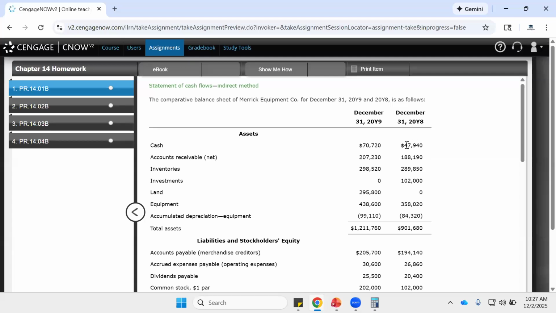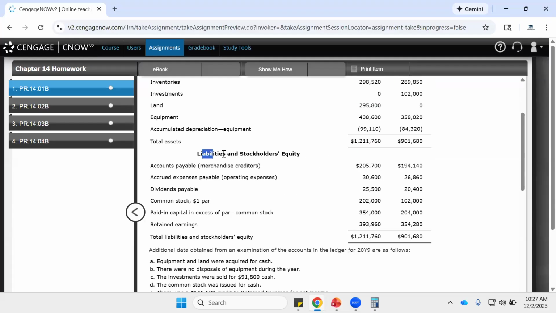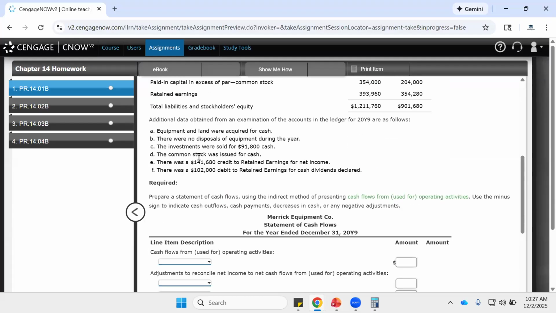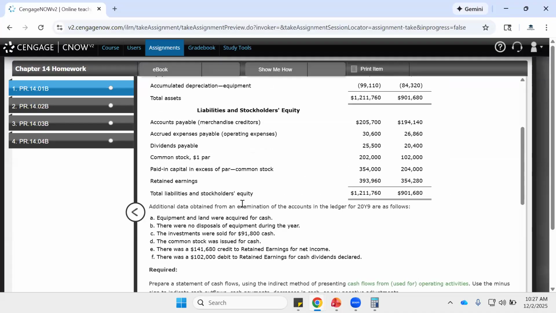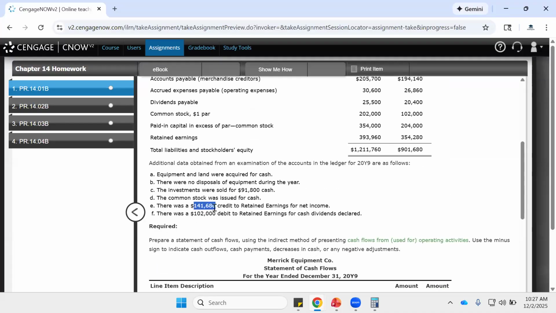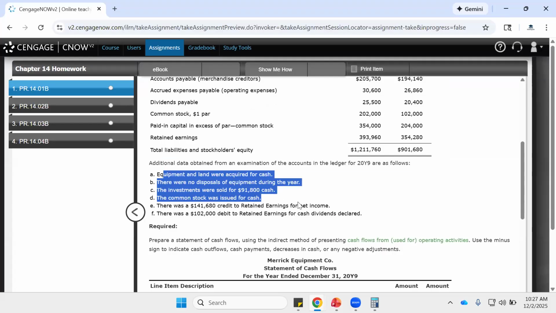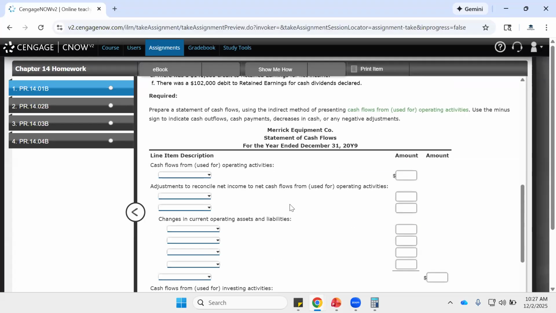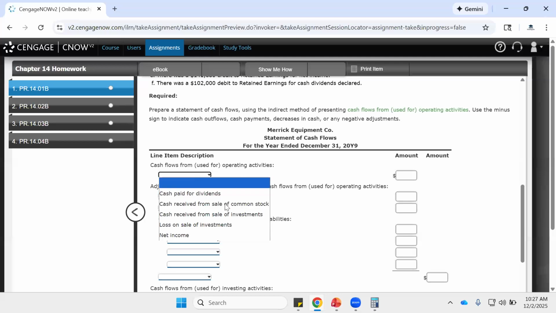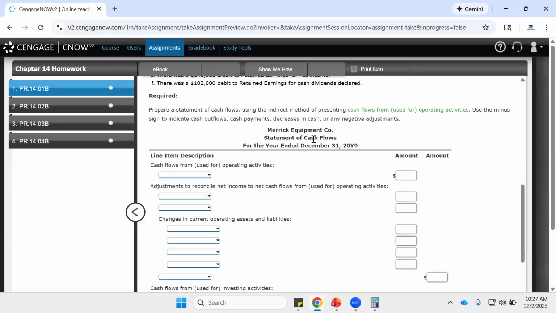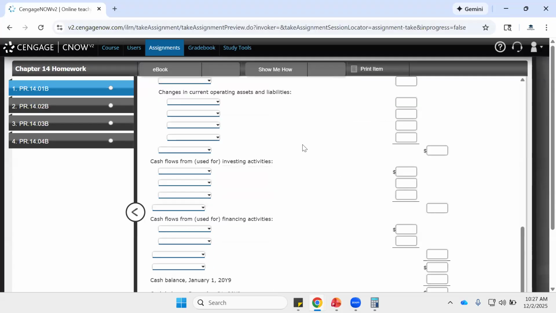And so we have the beginning cash, the ending cash, changes in our current assets, changes in long-term assets, and changes in capital and liabilities, and we're given the net income. We're given the dividends. It tells us what the long-term assets acquired and sold were, and the common stock issued, and we have to fill out a statement of cash flows.